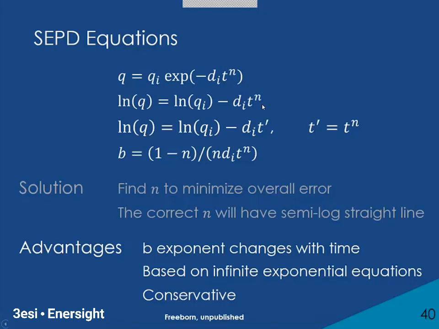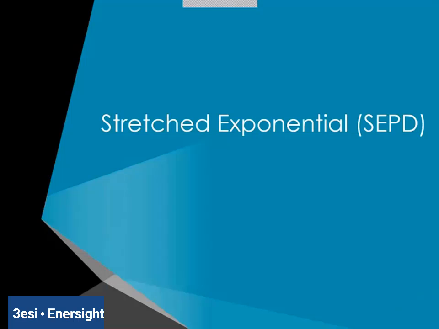And if we make a simple transformation, if I knew the value for n, and n is not b in the stretched exponential equation, in fact, it's the opposite. N of 1 in stretched exponential is an exponential equation, and n of 0 is a harmonic.